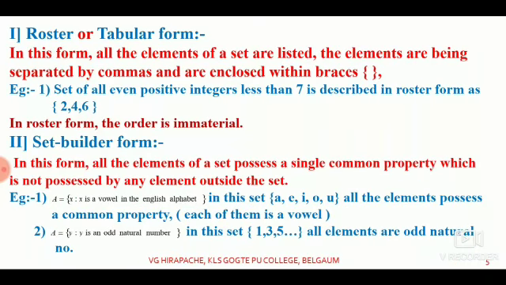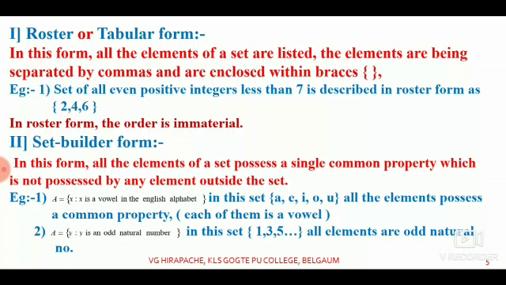Dear students, we have one more example. Second example, A is equal to {y : y is an odd natural number}. The element of this set is y. This y possesses a single common property such that y is an odd natural number.